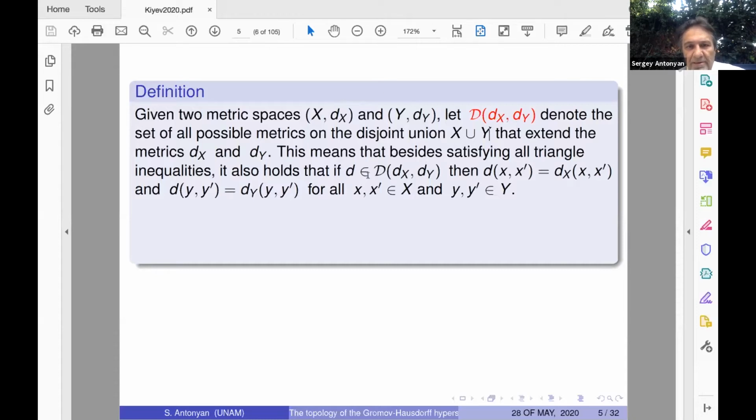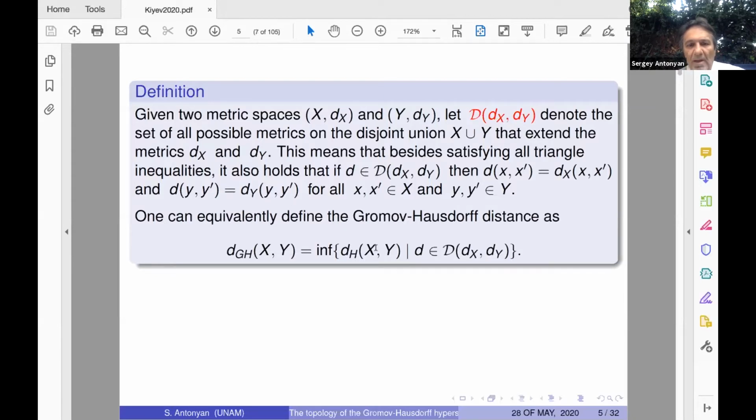Then we take all possible extensions and measure the distance between X and Y with respect to D. Now we take the infimum of these numbers when D is varying over all possible extensions. This is again the same number, the Gromov-Hausdorff distance.